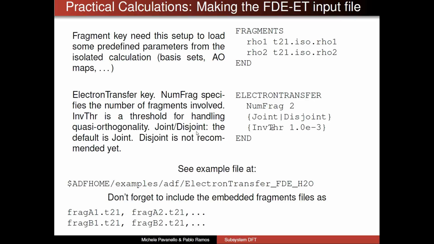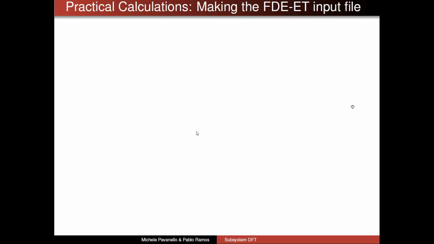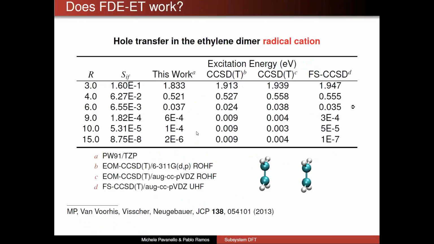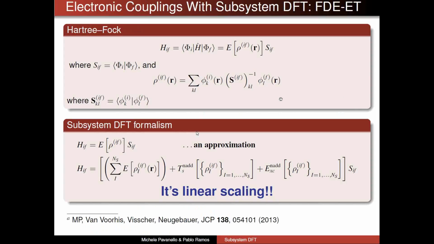A very important keyword is inv threshold. This inv THR is set by default to 10 to the minus 3. Now, if I go back here, and I'm sorry, I'm going to skip some slides, I go back to this formula. You see that the transition density we use for the evaluation of the coupling includes an inverse of a matrix. Now, if that matrix is singular, you can see that the inverse is not defined.